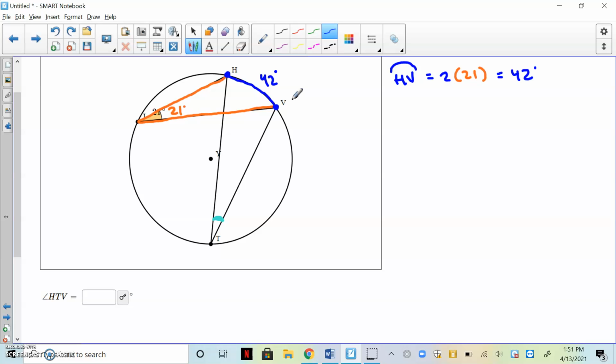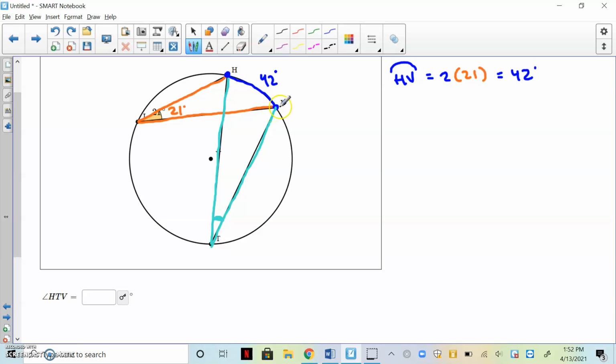And then the next thing we can do is say, okay, well, this actually has the same arc. We actually didn't need to do this first step, but it's helpful to just notice sometimes when you don't know where to go. This is another inscribed angle that has the same exact arc and endpoints as our given angle. So from what we learned from that GeoGebra thing, we actually know already that both of these have to be the same measure because they have the same arc.